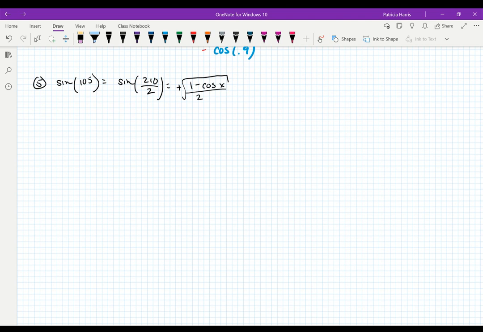If I look on my unit circle, I will notice that 135 is on my unit circle as well as 30. If I subtract those two, I get 105. So what we will do is the following.